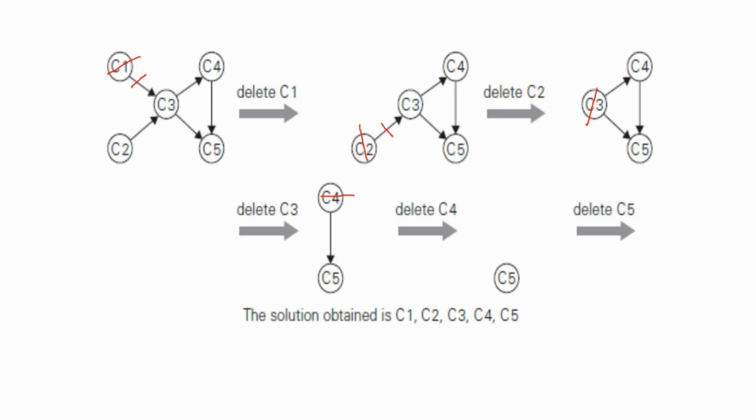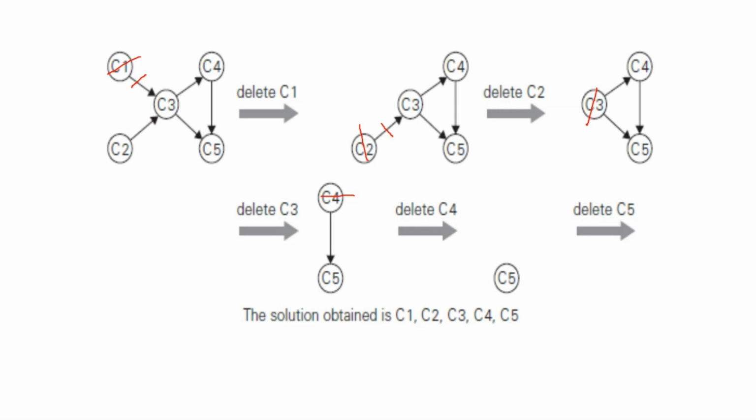For the example problem, C1, C2, C3, C4 and C5 are the 5 vertices and we have directed edges. There is no cycle. First we should ensure that. That means there is a topological sorting solution for this graph. Now we have to select a vertex which has no incoming edges.